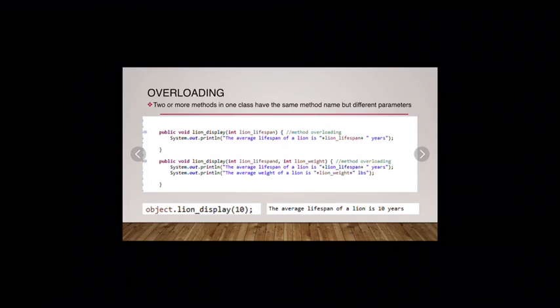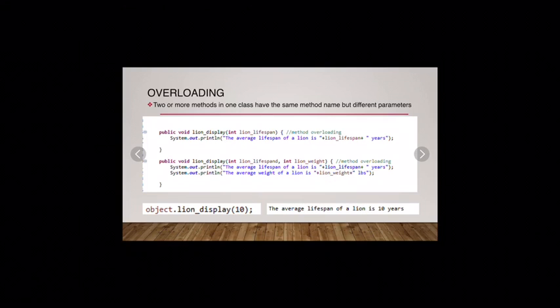When you're calling that member method lion display from the object, as can be seen in this part, object.lion display, and you send 10, it will know, because you're sending one parameter, and this member method has one parameter, and this one has two. This is how the program is going to differentiate between the two.